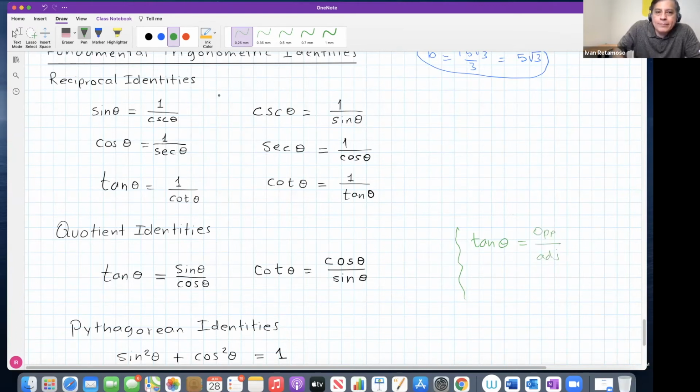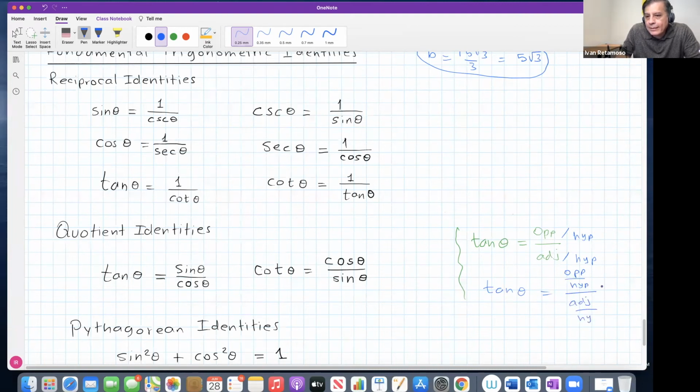But what if you divide both this guy and this guy by hypotenuse? The value of the fraction is not going to change, but this will allow you to say that tangent is the same as opposite over hypotenuse over adjacent over hypotenuse.